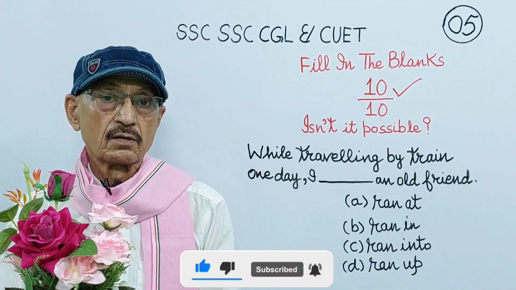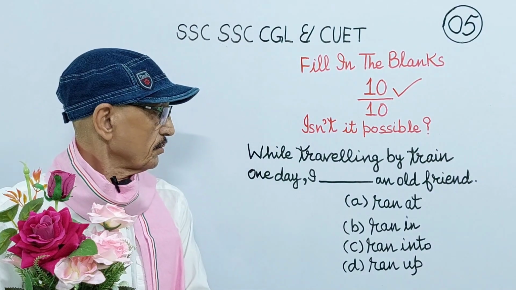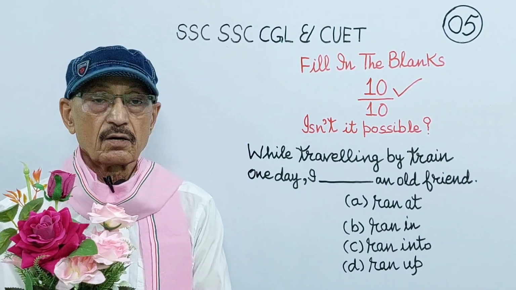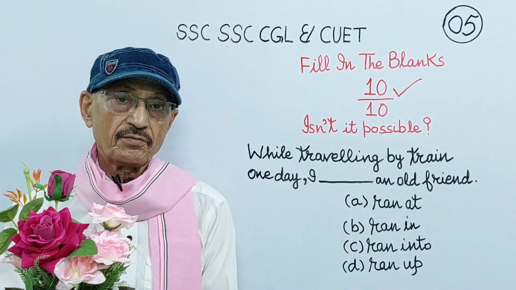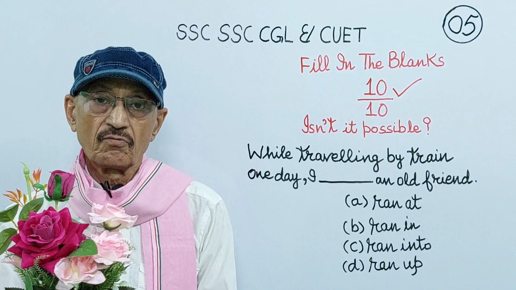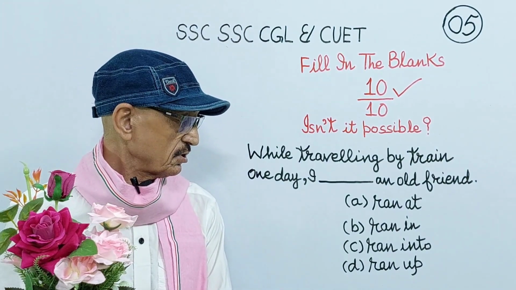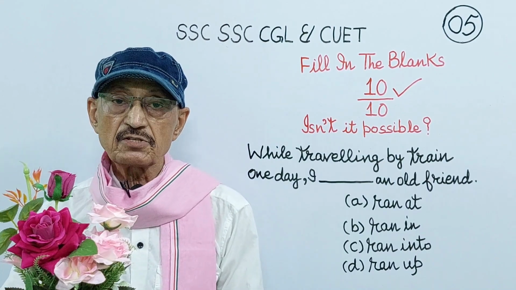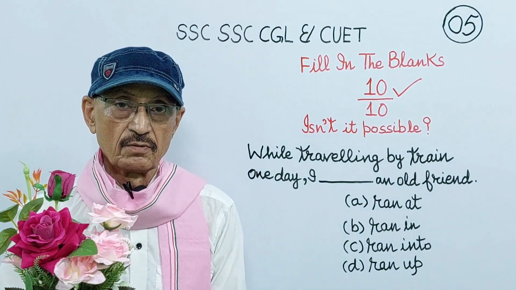While traveling by train one day, I blank space an old friend. There is a group of 4 alternative phrasal verbs: ran at, ran in, ran into, ran up. Which phrasal verb will you take here to fill this blank space?